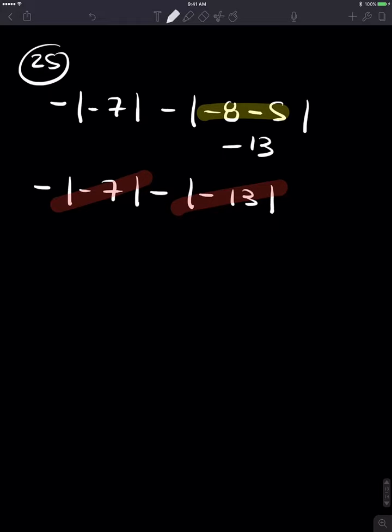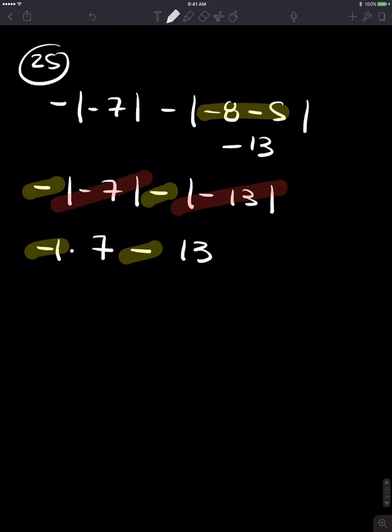I have -1 times, well, the absolute value of -7 is a +7, minus the absolute value of -13 is a +13. I want to emphasize that this negative sign is here. The subtraction is here. All we did was determine the absolute values.